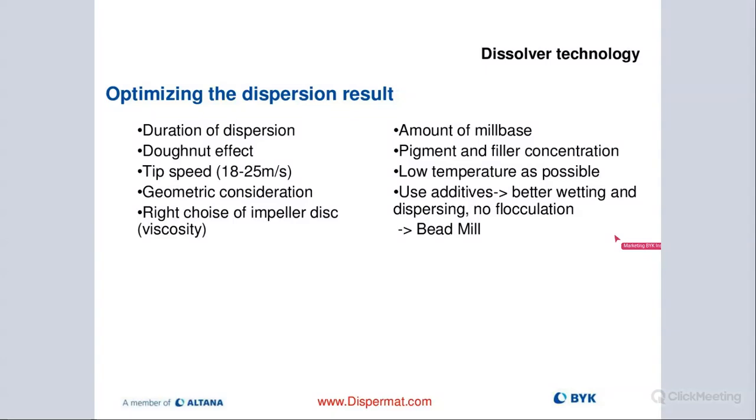Otherwise, the temperature will rise very rapidly, and we want to avoid that. And then again, additives are critical to give us better wetting and dispersing effect, and no flocculation afterwards, so that the pigments stay in a suspended state. And then the next step would be, once I reach my 10 to 30 microns, that's when I would actually start the bead milling process.